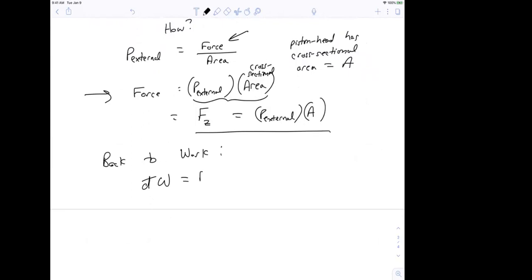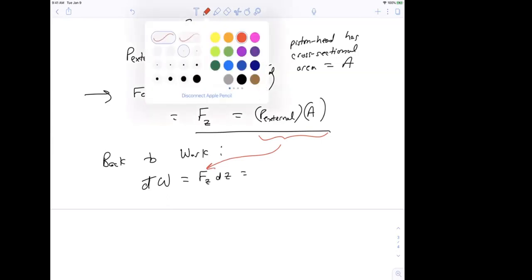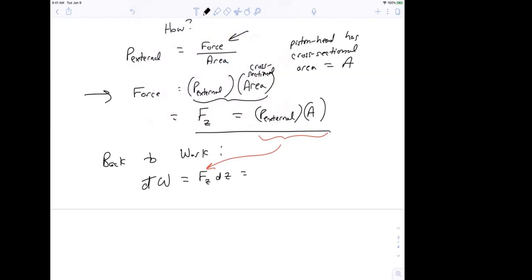So dW, which is Fz dz, is going to be equal to, now we substitute in this guy for F of Z. And so F of Z dz becomes P external times the cross-sectional area, and then we still have our dz left.